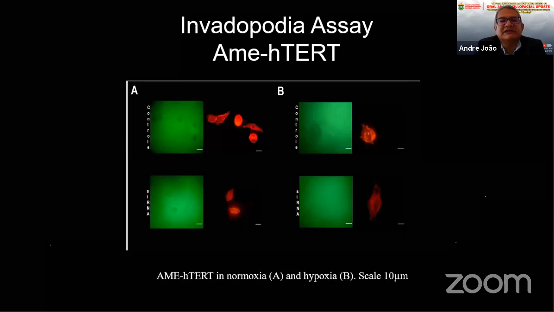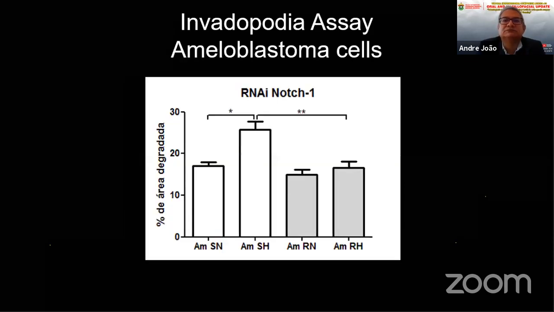In hypoxia condition, we don't have a degradation of gelatin in the knockout cells. On the other hand, NOTCH1 has an important role in invadopodia formation in hypoxia condition.